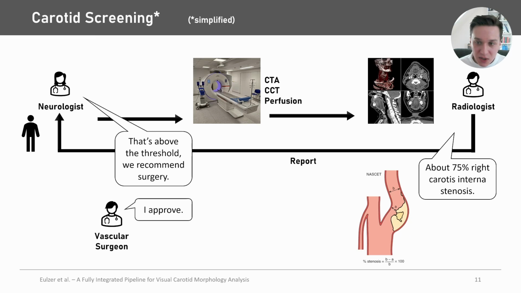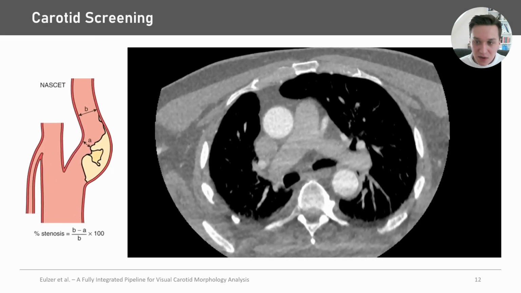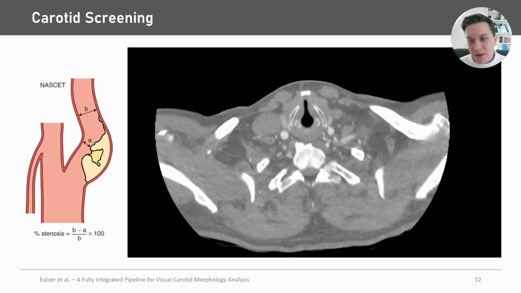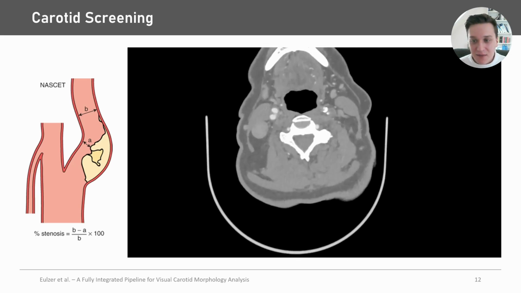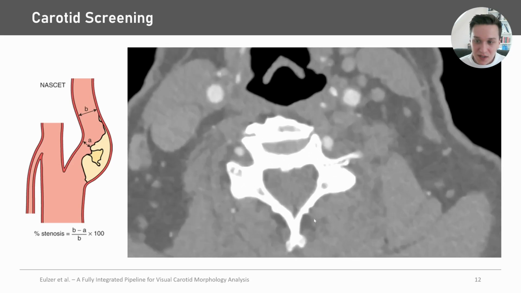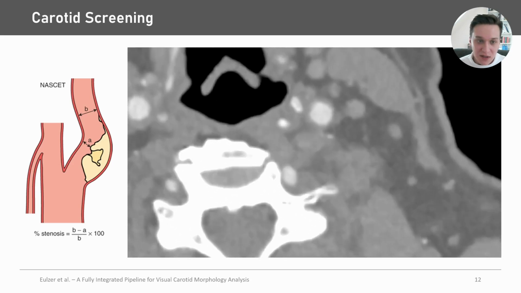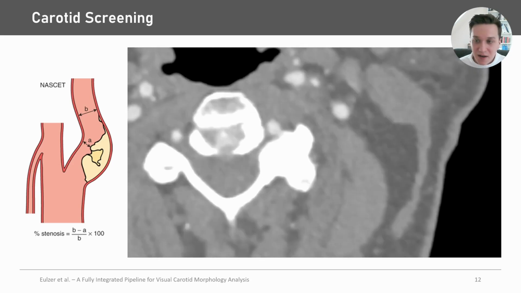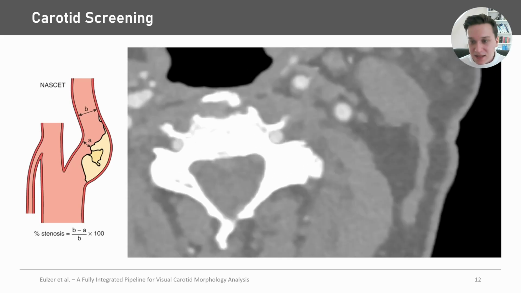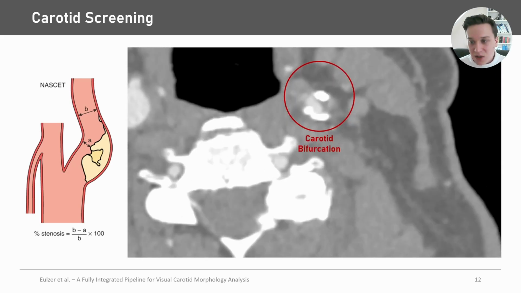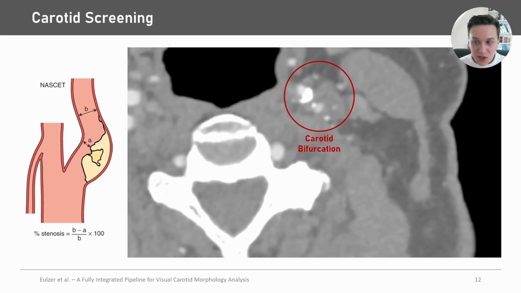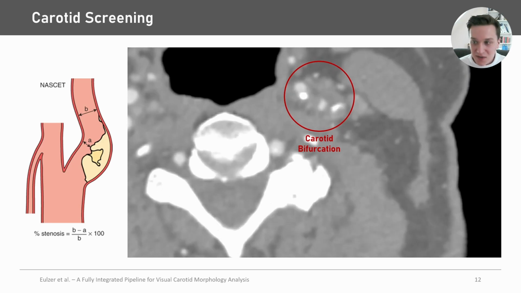So let's have a closer look, because the procedure is not quite as simple as it first looks in the textbook. Here we see a CTA that shows a stenosed carotid bifurcation. And you can see how determining the best position and measuring a diameter here is very difficult, and it's also very subjective.